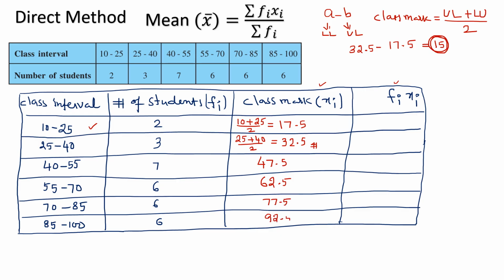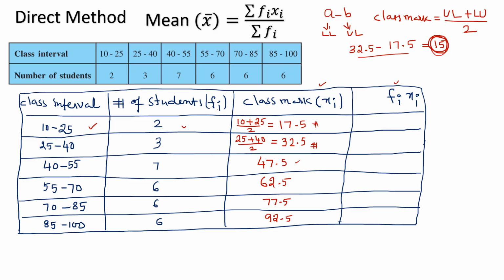So now it is easy to calculate rather than finding the sum and then dividing by 2. You just find the class mark for the first class interval, then take the difference between them, then add that difference to the previous one to get the next. Clear?